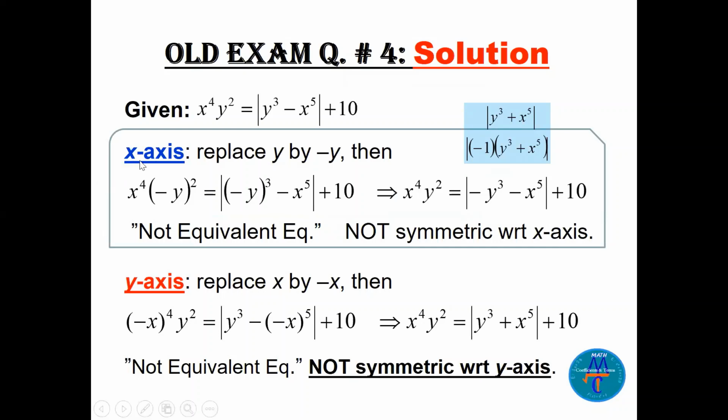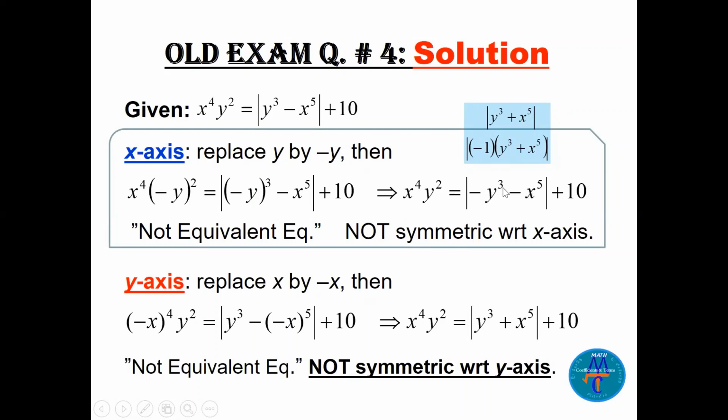We check on the x-axis. I put everything in detail here. Replace y by minus y. So every y here, I put minus y. Then I simplify the equation. There is minus y cubed, and there is a minus x. I don't touch the x now. So this one is not the same as this.